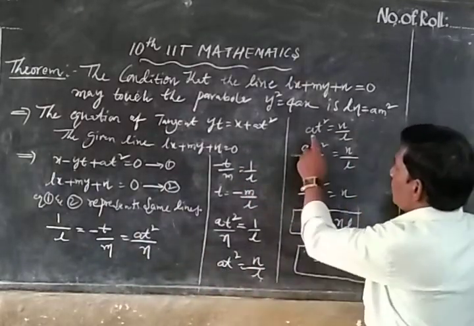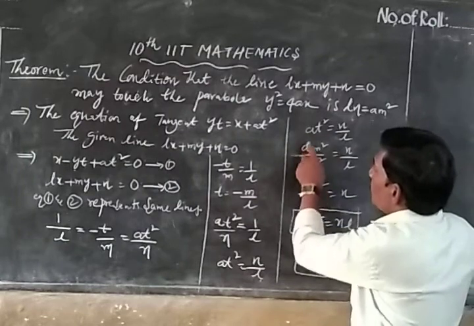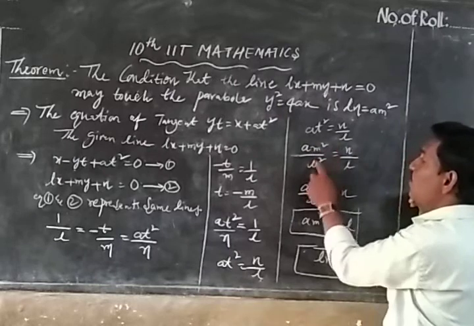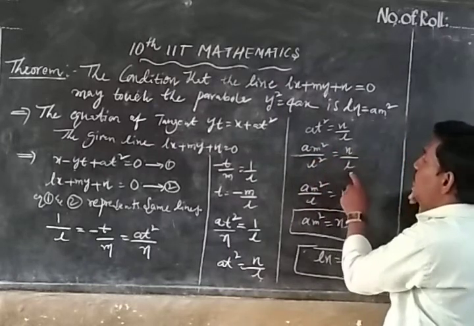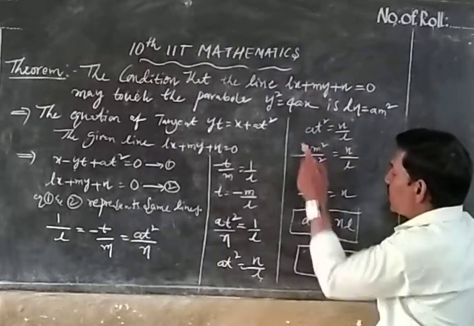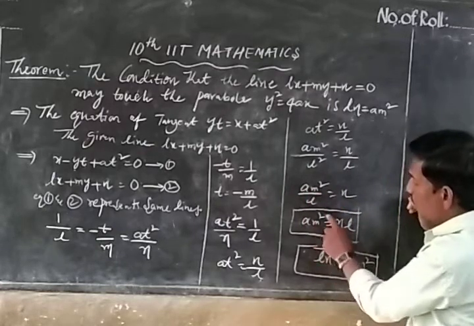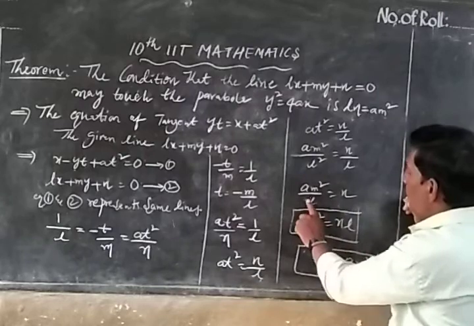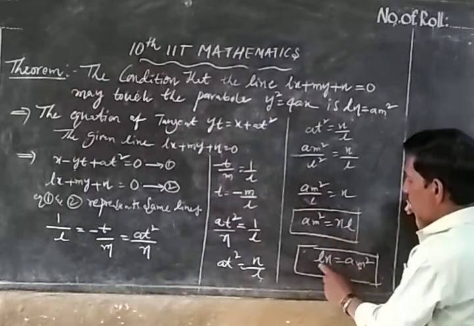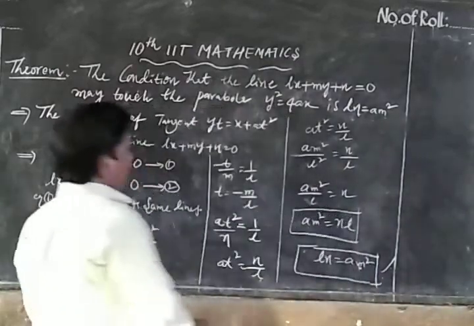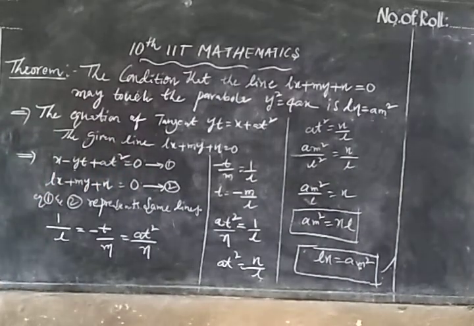Again substitute the t value in at square. t value is minus m by l, that means a m square by l square equal to n by l. So l cancels l square one time: am square by l equal to n. So am square equal to n into l, so ln equal to am square. So this is the required condition for the theorem.